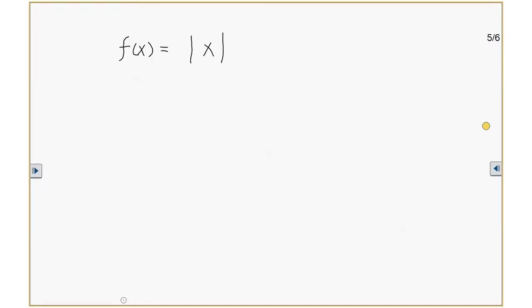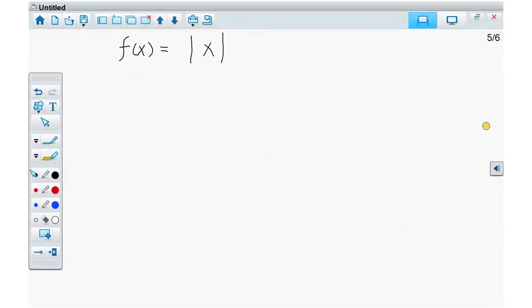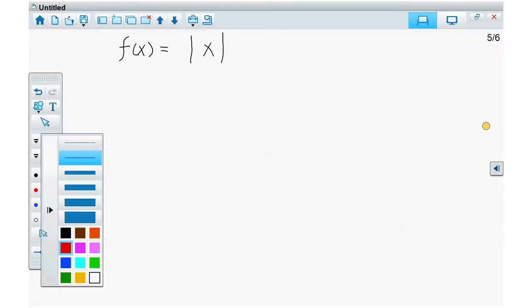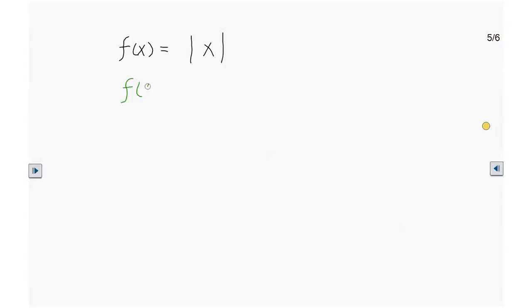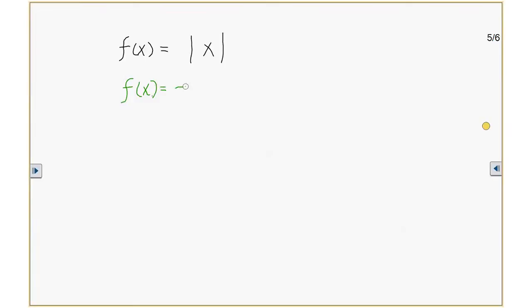Again, you don't have to plot the points, just get a good idea, because what we're going to do is we're going to sketch these graphs just by looking at them. And in a green color, I want you to do f of x is equal to negative absolute value of x.